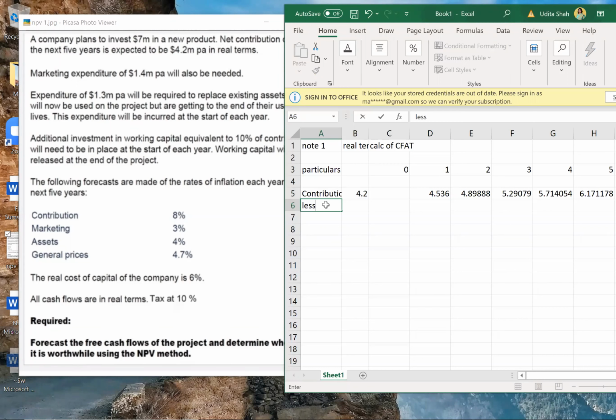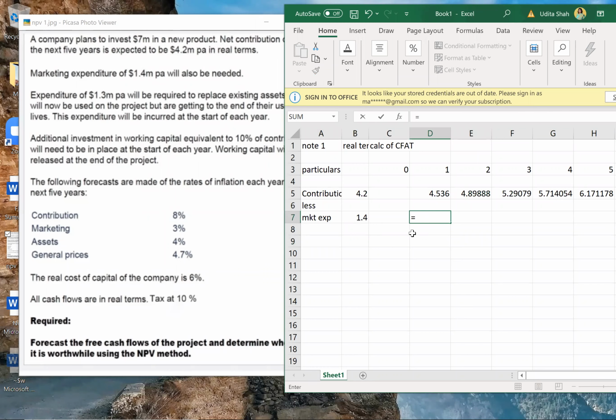Let us do one cost. So marketing expenditure. How much is the marketing expenditure? 1.4 million. But again, that marketing expenditure is in real terms. I want it in inflated terms. So same formula I'll put.